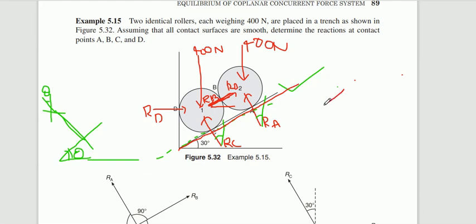This is our RB, this is the horizontal axis, and this is our inclined plane. If this is 30, this is also 30, because these two lines are parallel. That is, RB's inclination with respect to the horizontal is 30 here.